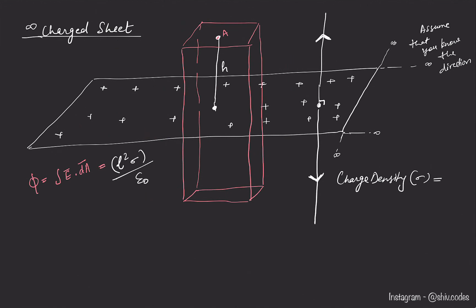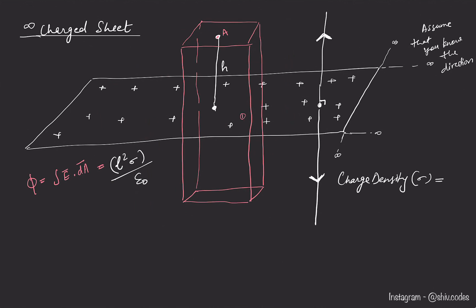Now we can decompose this E dot dA. We have to calculate this E dot dA for all the 6 surfaces of this cuboid. It's not exactly a cube, you can call it a rectangular prism or whatever. So you can see these 4 surfaces, 1, 2, 3, 4.